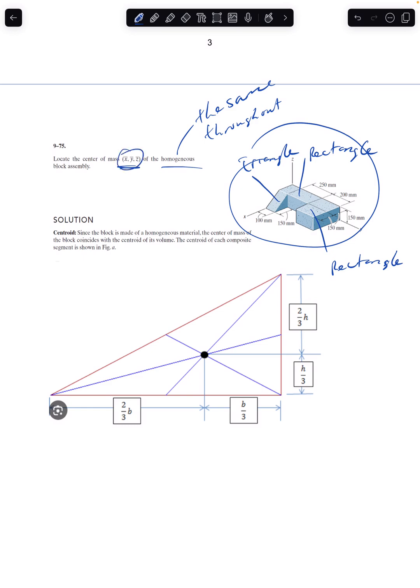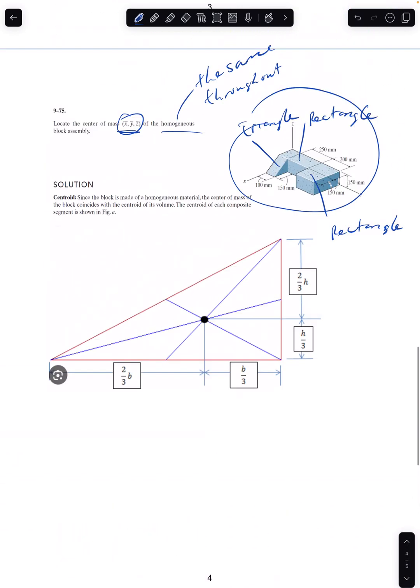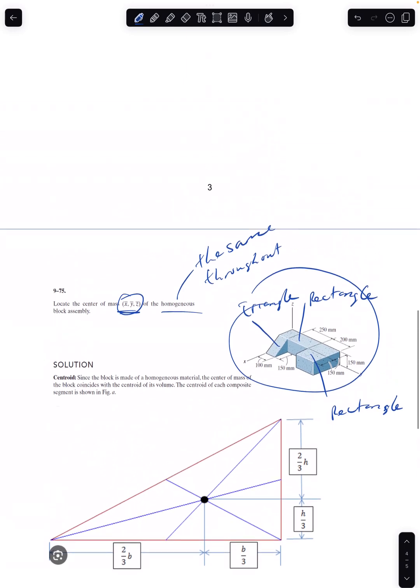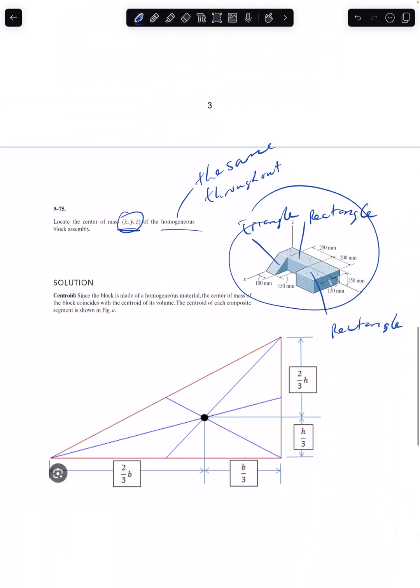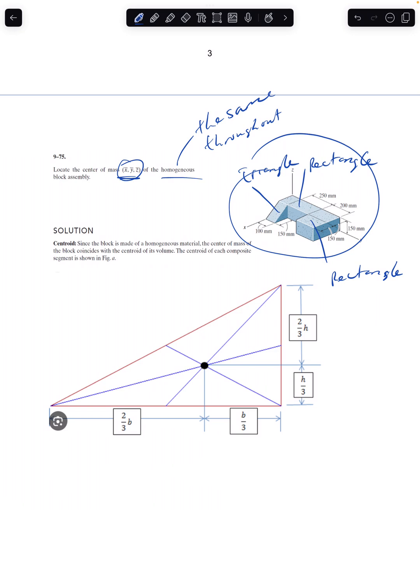So now what is the first thing you have to do? The first thing you have to do is to write out a simple formula. And before we write out a simple formula, I'll break this into different parts.